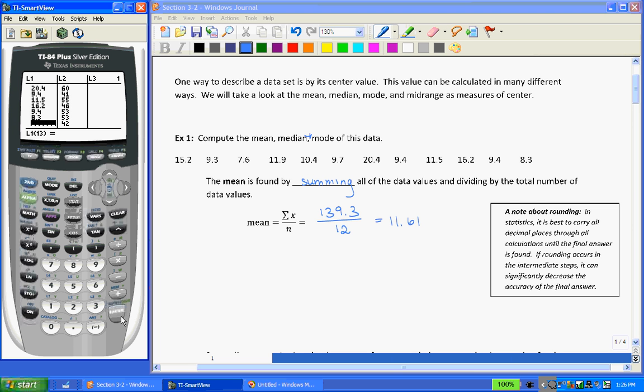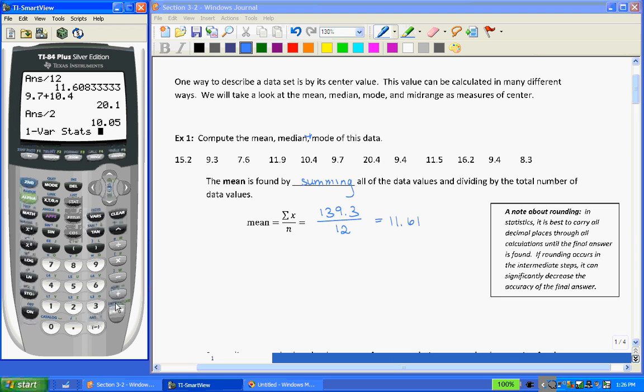Well, here's something we can do to find the mean and the median all in one step. Once we get our list in, go back to Stat, and this time use your right arrow button to arrow over to Calc, and notice the menu changes. The very first option, 1-Var Stats, or one variable statistics, select that by pressing Enter.